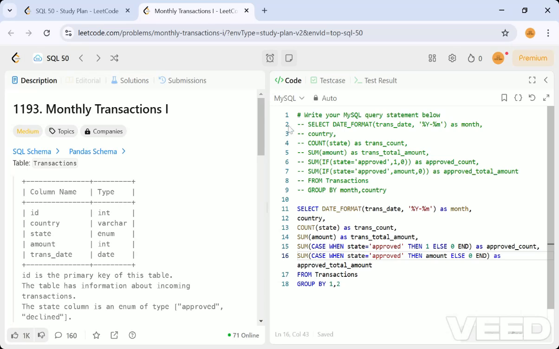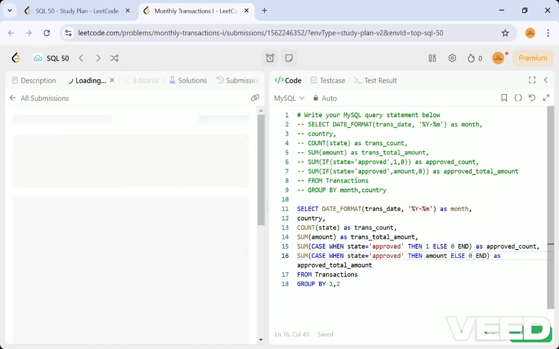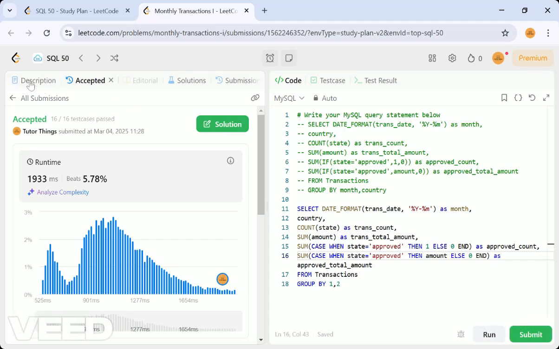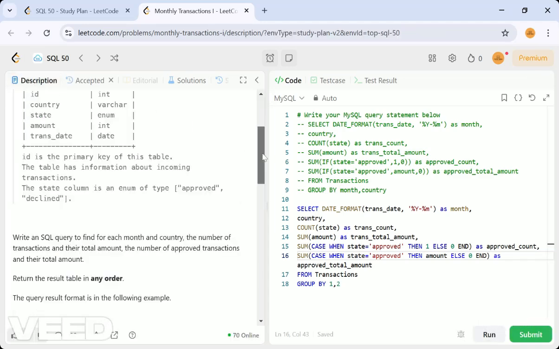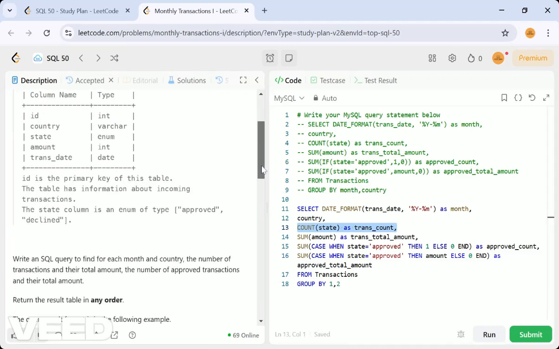I hope you have understood, right? What are the things they're asking about? First, grouping with month and country. To get the month, we have used wildcard characters, with y and m as the same thing, and taken it as month. Then we group by the same month, and get the count of all transactions, whatever the state.